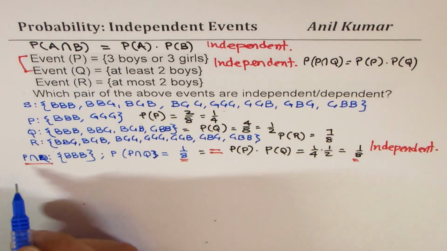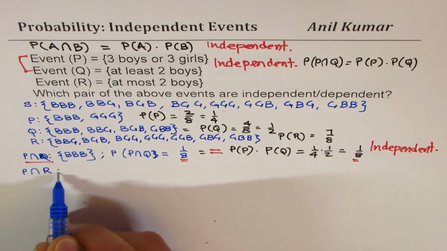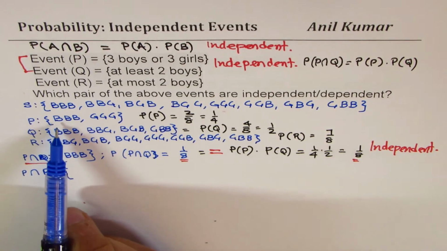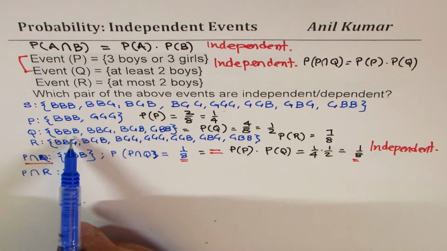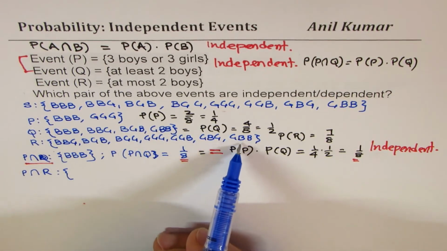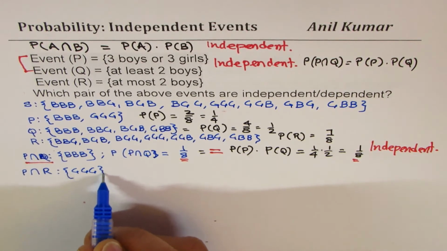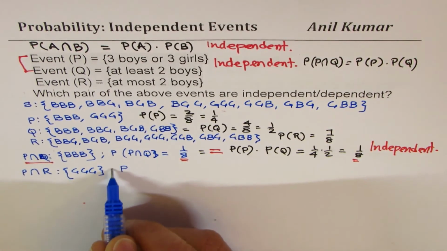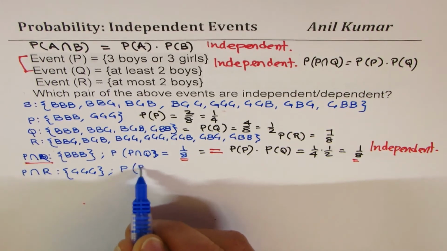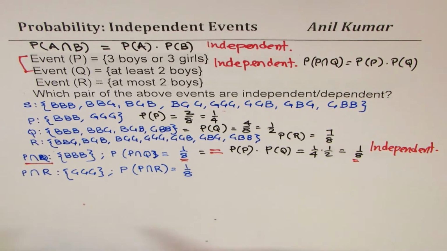Let's say P and R. If you do P intersection R, then P has these two elements, R has 7, in which GGG is common, all girls, right? So the probability for P intersection R is 1 out of 8.